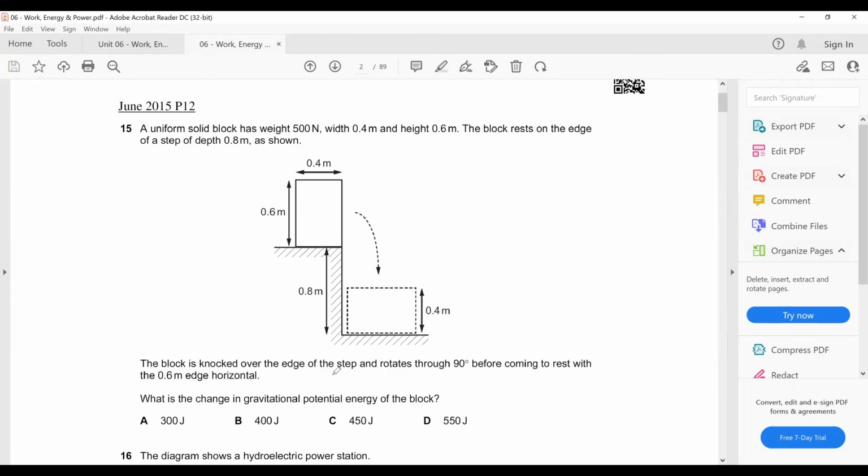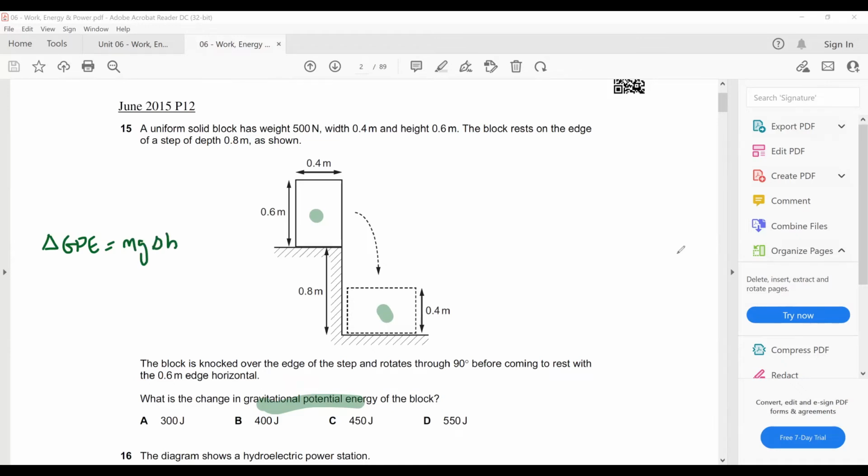Okay, now this is more straightforward. So basically you have a block like this, and then they topple it over to the ground like this, from here to here. What they want is the change in gravitational potential energy of the block. So this one is quite straightforward. Change in GPE is mg delta h.